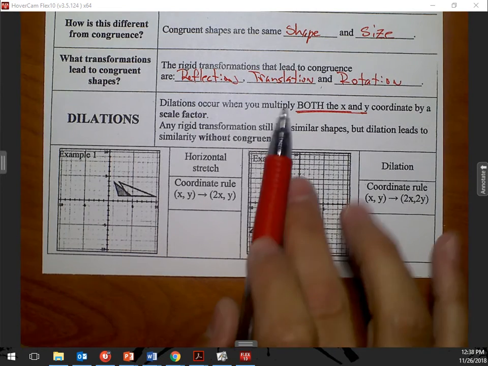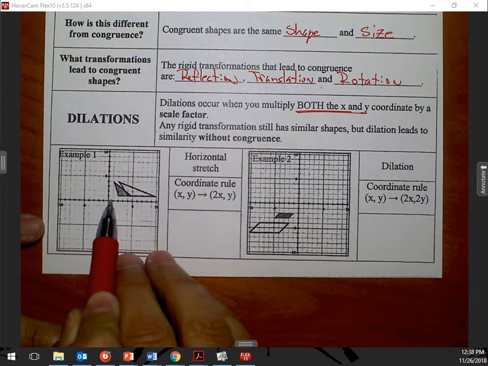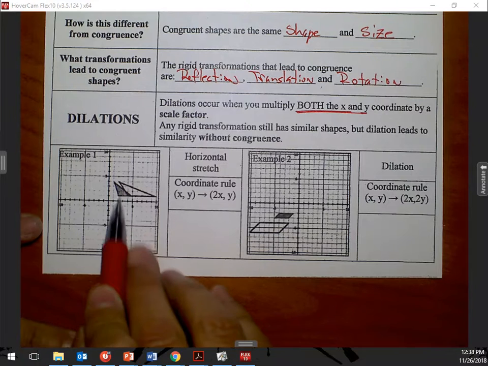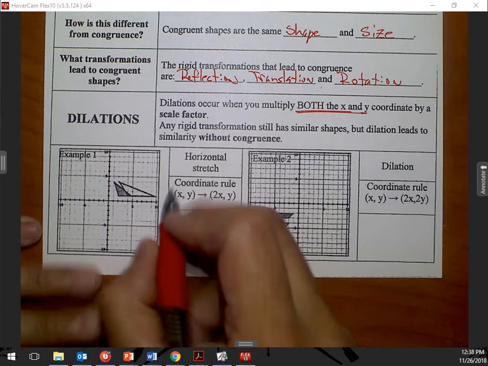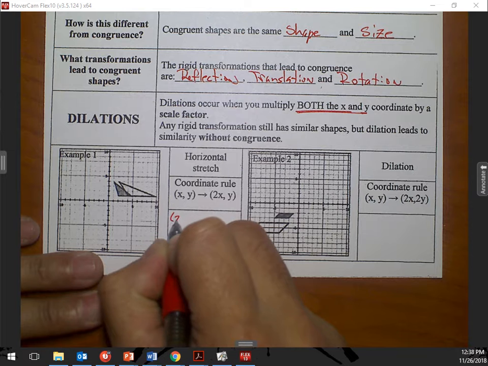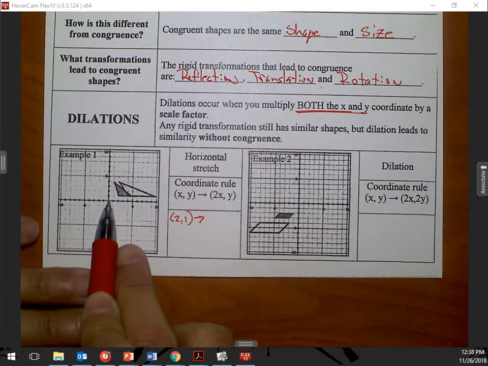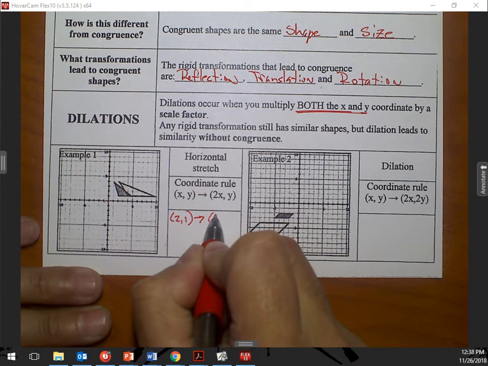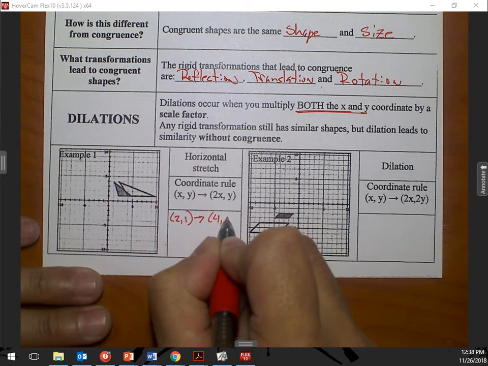So, here's a horizontal stretch. Let's look at x comma y, starting with this one. Over 2, up 1, so it's 2 comma 1. That's going to be located at 2 times the x, which is 4, comma 1, whatever the y is.